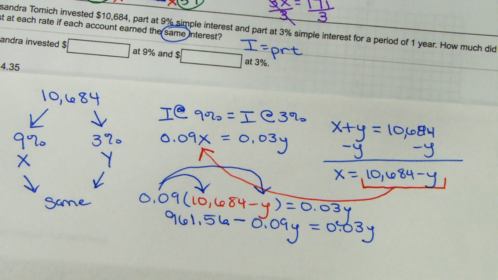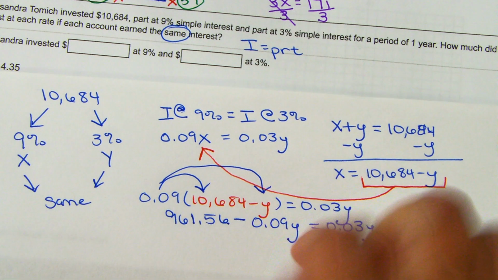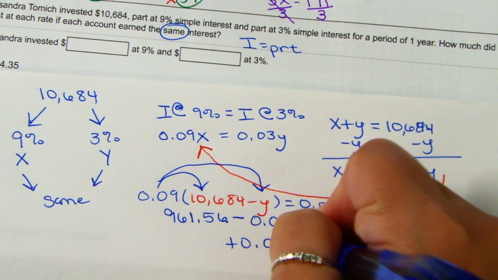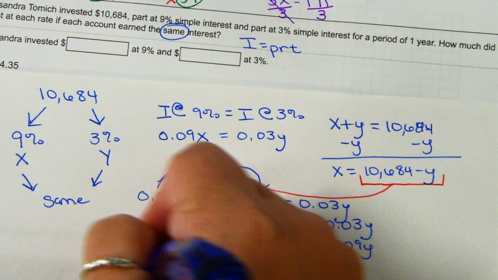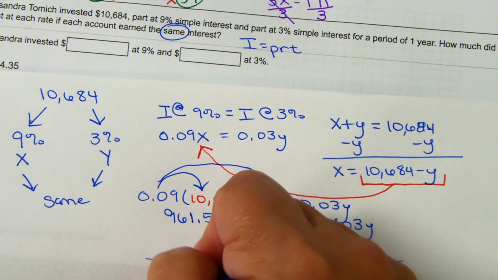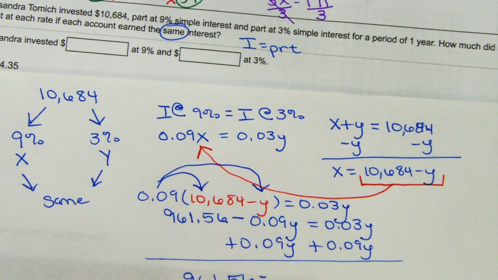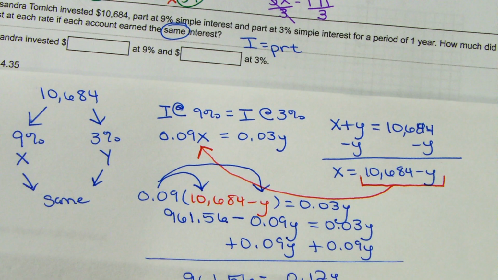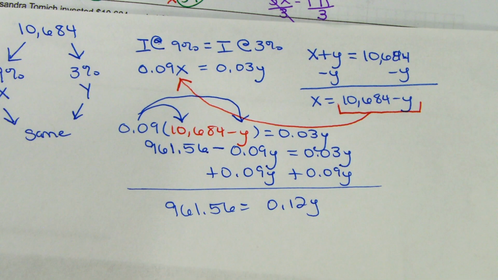So I need to take 0.09 times 10,684, and that's going to give me 961.56 minus, and then I distribute that 0.09 to the y, equals 0.03y.